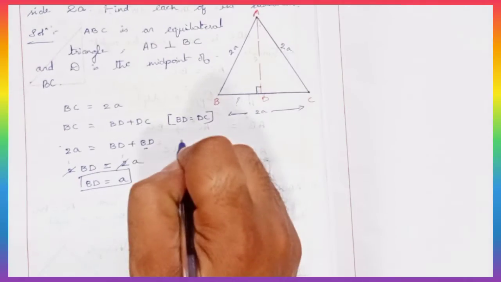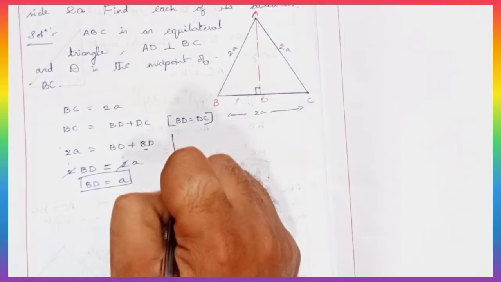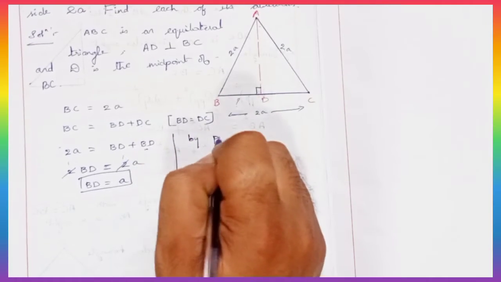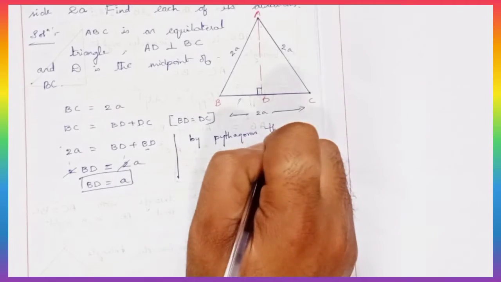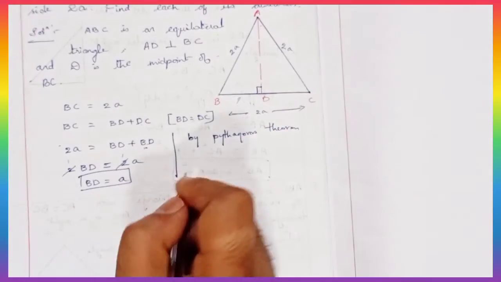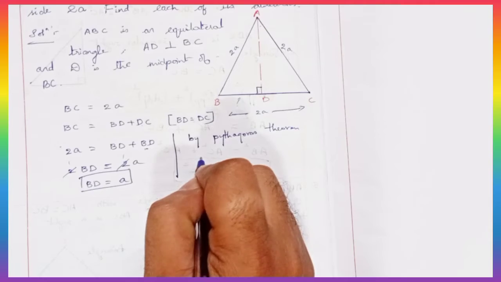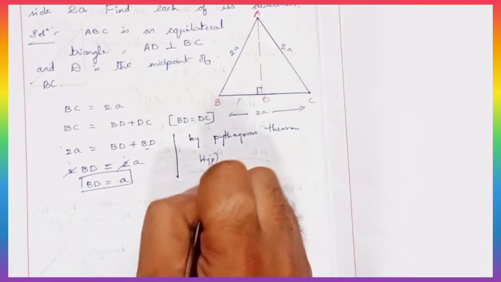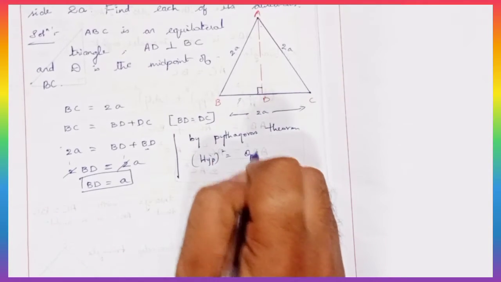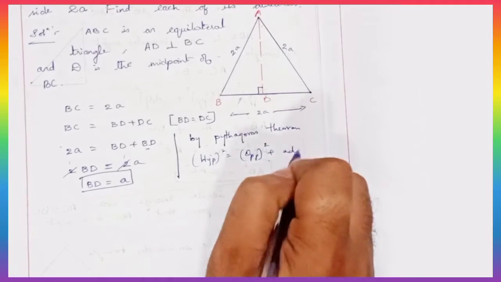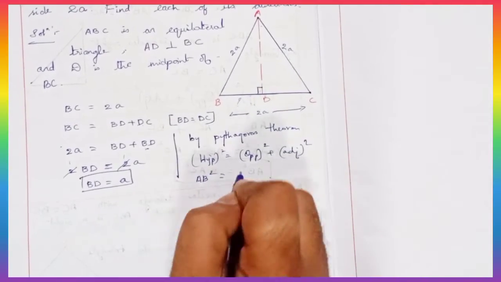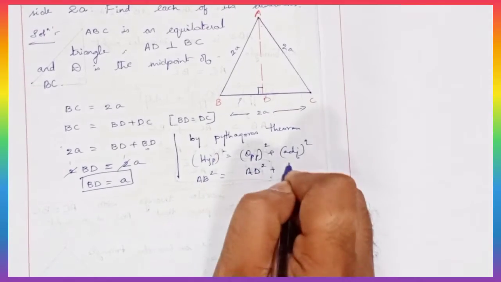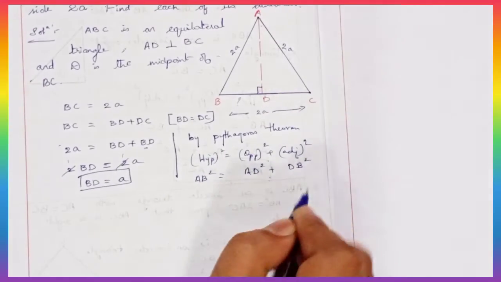Now, by Pythagoras theorem, we can write hypotenuse square is equal to opposite square plus adjacent square, which is, the hypotenuse here AB square is equal to opposite AD square plus adjacent DB square.